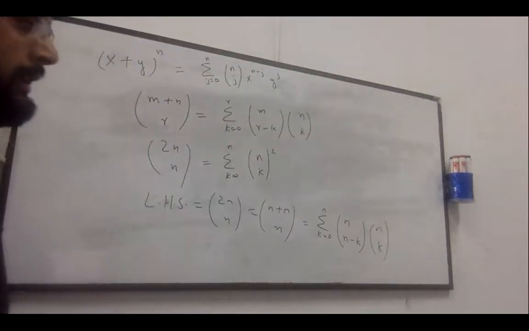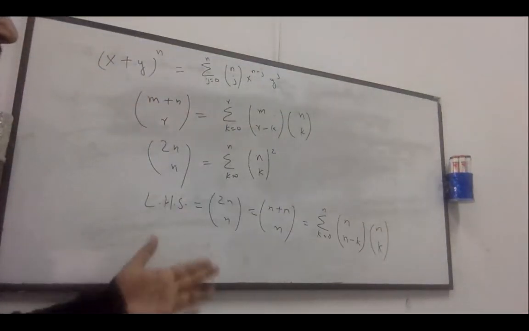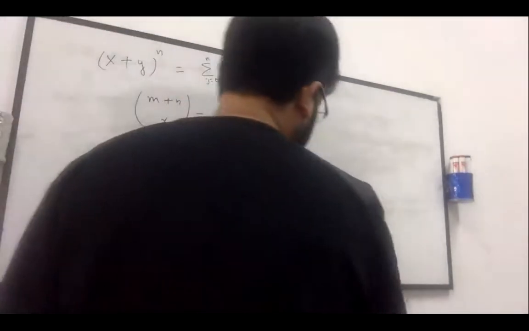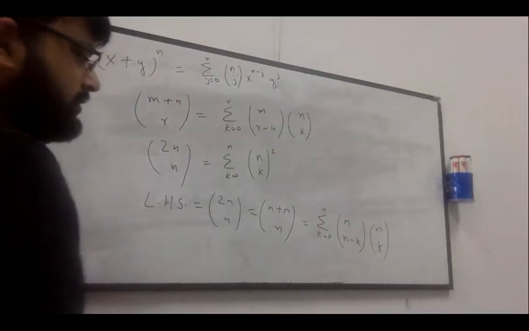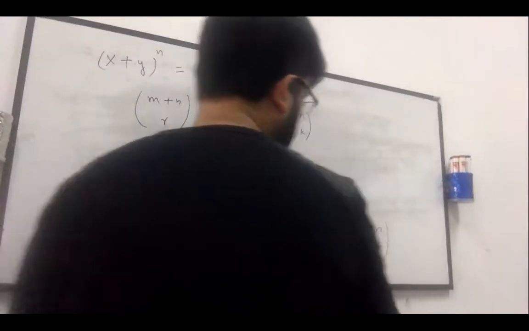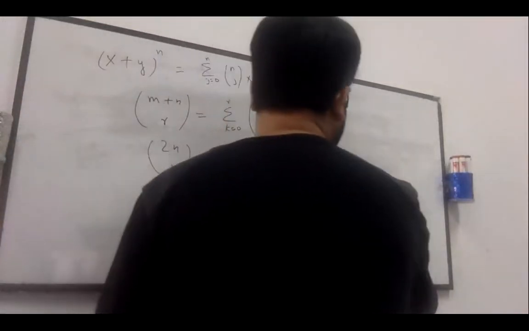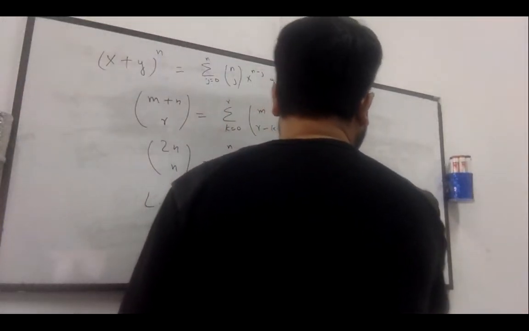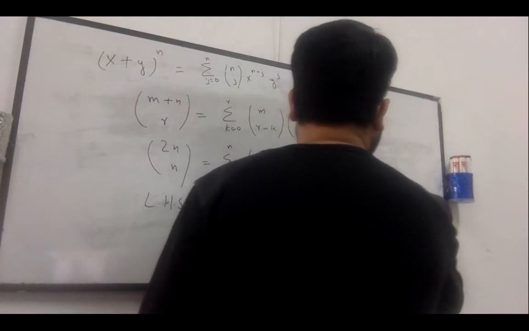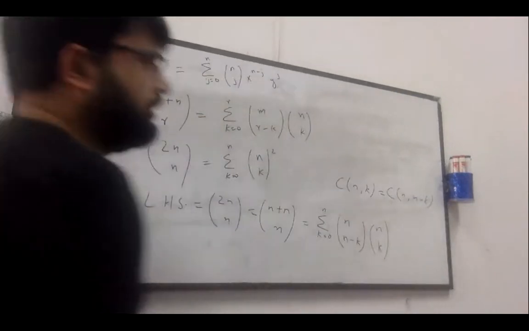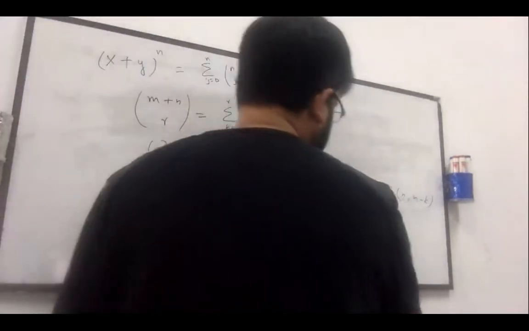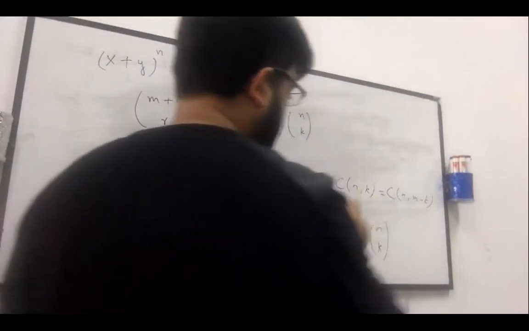Fine. So now, this is where you need to apply some knowledge of combinations. You know that C(n, k) is equal to C(n, n minus k). You know this formula, right? So from this it follows that this is equal to this as well.